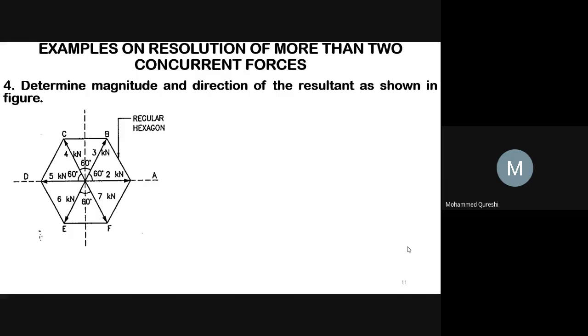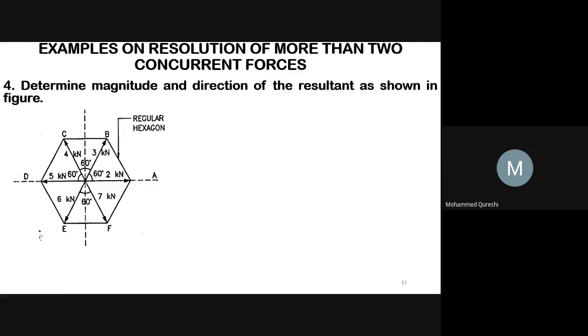Now, we will go for fourth example. What is given in fourth example? Determine the magnitude and direction of the resultant as shown in figure. So, six forces are given: 2 kilonewton, 3 kilonewton, 4 kilonewton, 5 kilonewton, 6 kilonewton, and 7 kilonewton.